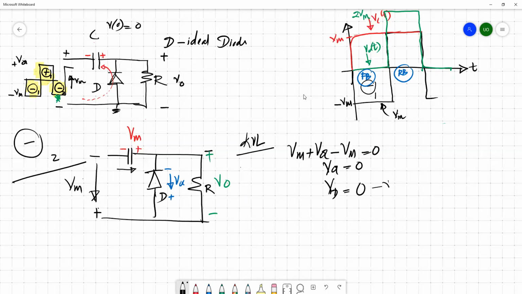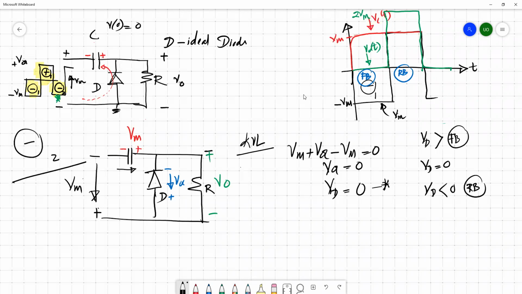So this is the actual voltage appearing across the diode. But ideally speaking, VD, we have three scenarios. If VD is greater than 0, we know that definitely this should be forward. And this is again definitely reverse bias.